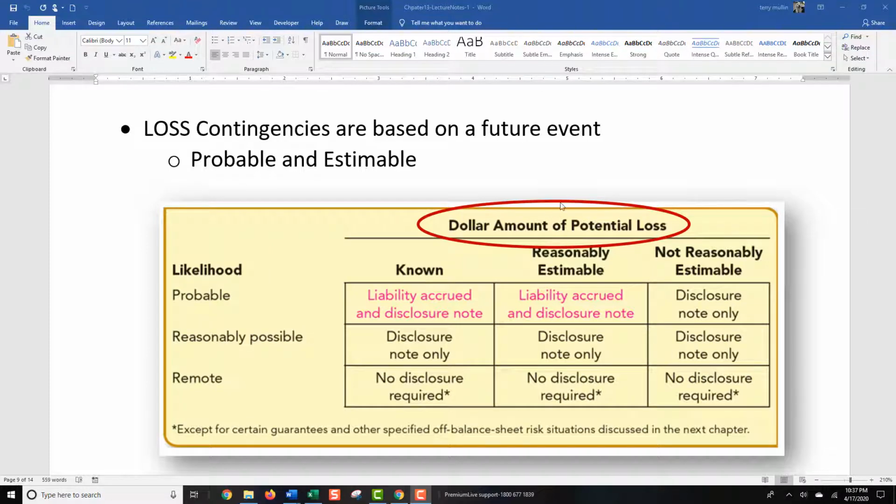And if it's not probable and not estimable, then you do nothing. You don't even bring it up. So if you can't put a dollar value on it, and there's no way of knowing, because it's never happened, whether or not you get sued, so it's not probable.